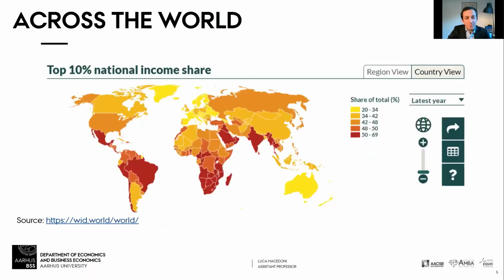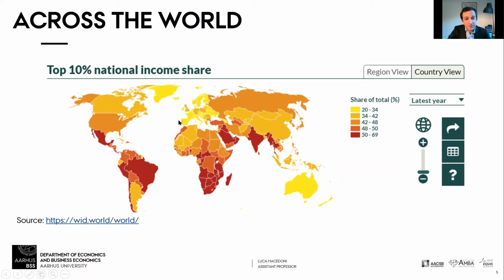Now, thanks to the website Piketty provided, we can also compare income inequality across the world. Here is, for instance, the top 10% of national income share. You can see the darker red are more unequal countries where the top 10% earns between 50 to 70% of national income. And you see it's mostly happening in countries that are of low average income.